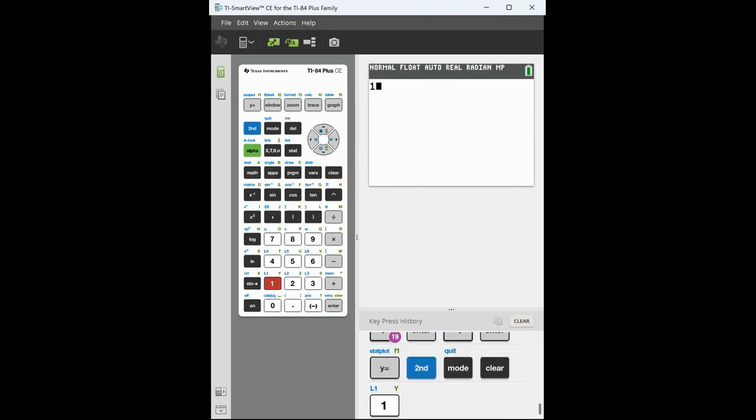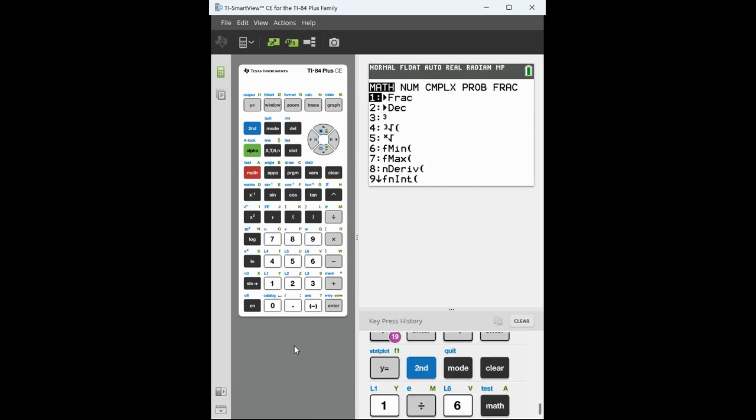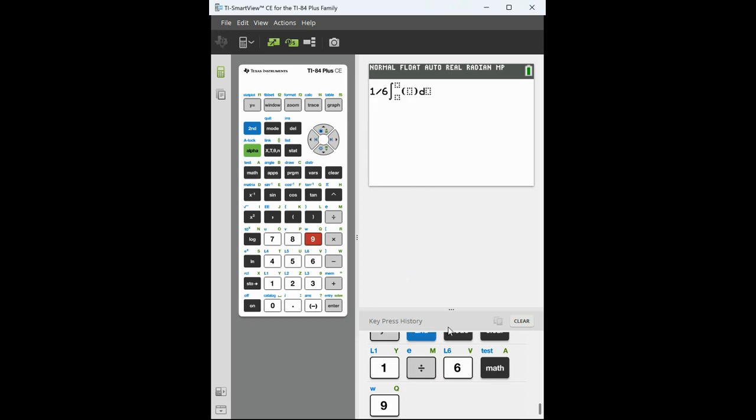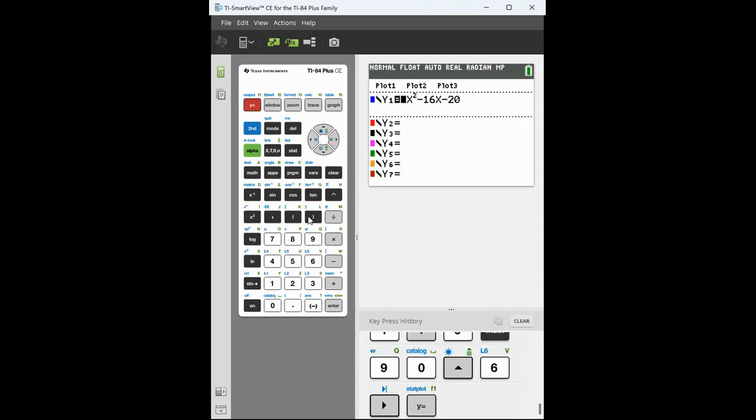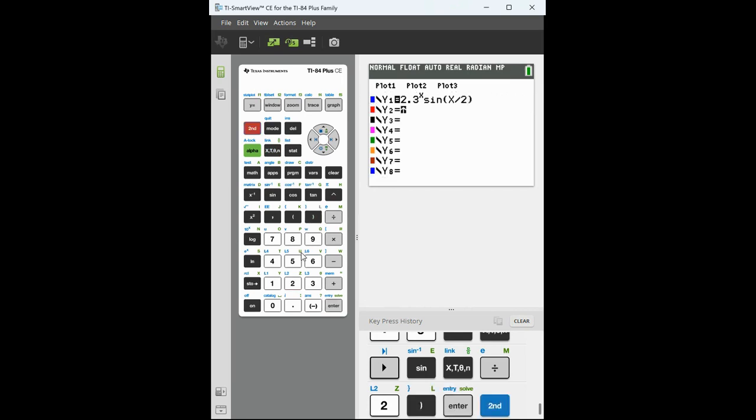So that's going to be 1 divided by 6 times the integral from 0 to 6 of, you know what, I'm going to enter y equals. Y is equal to 2.3 to the x times the sine of x divided by 2. So I entered my function.